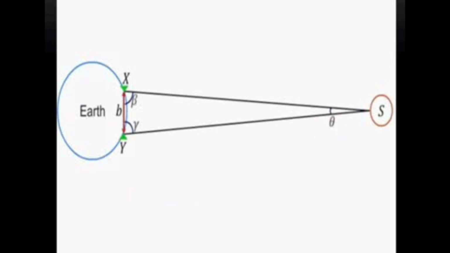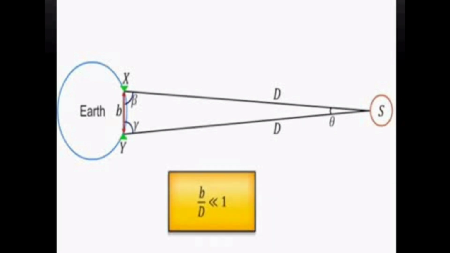That method uses triangulation to calculate the value. Now, the determination of the distance of the sun from the earth. Take XS equal to YS, equal to distance d, the actual distance from the earth to the sun.